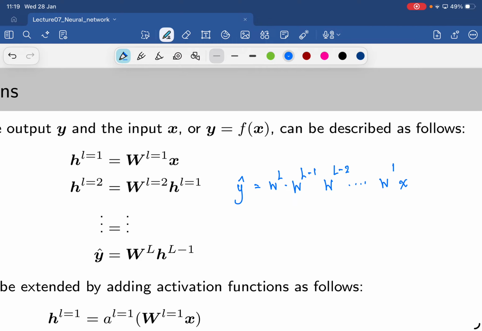So it's a function of function, and it goes as deep as how many times you do the multiplication.